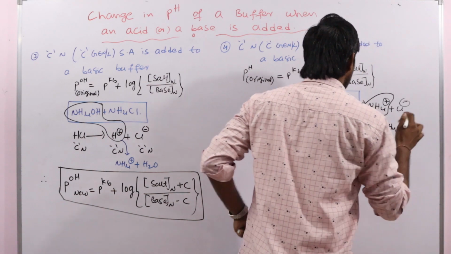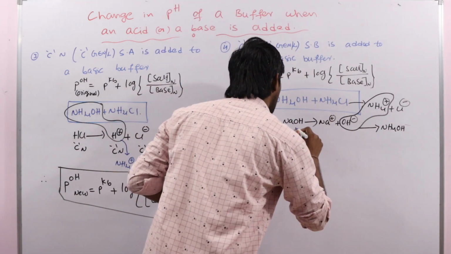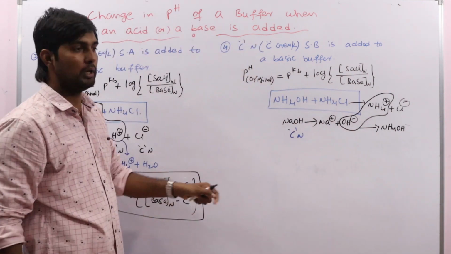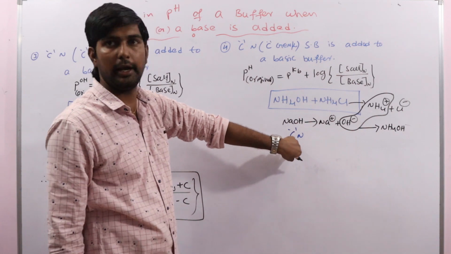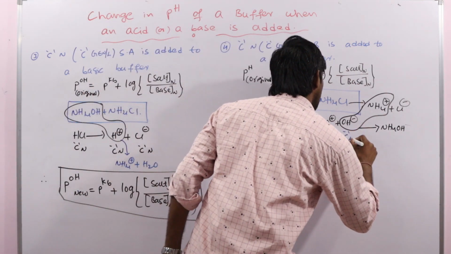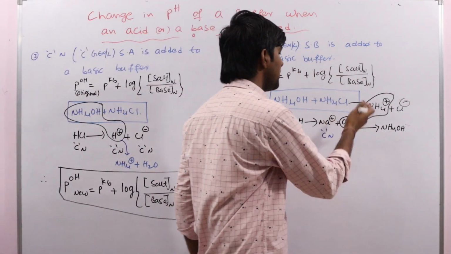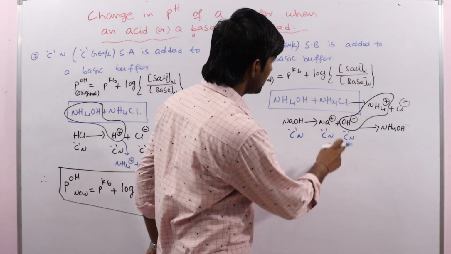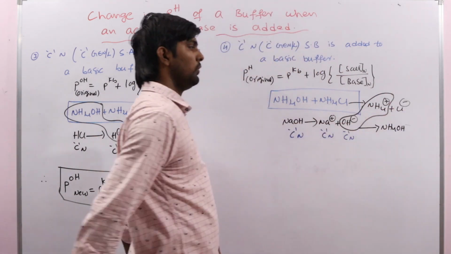How much NH4OH is it giving? We are adding C normal, or C equivalents per liter, of strong base. So we get C normal of Na+ and C normal of OH- ions, or C equivalents per liter of OH- ions. They react with the NH4+ ions and NH4OH is formed.